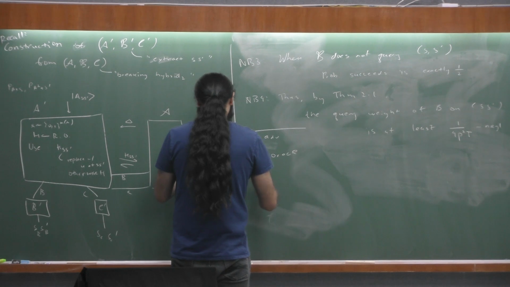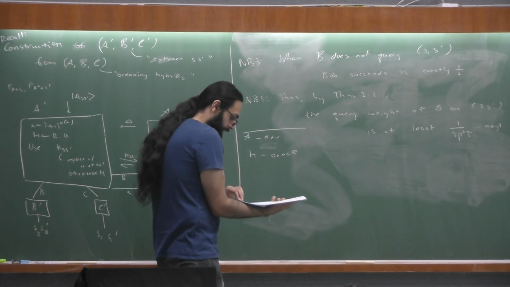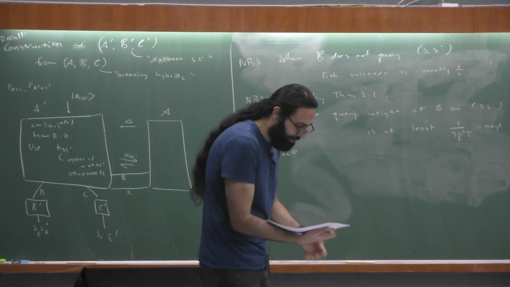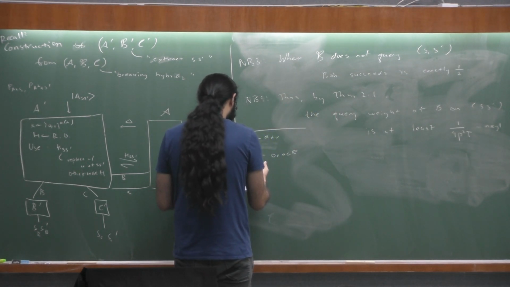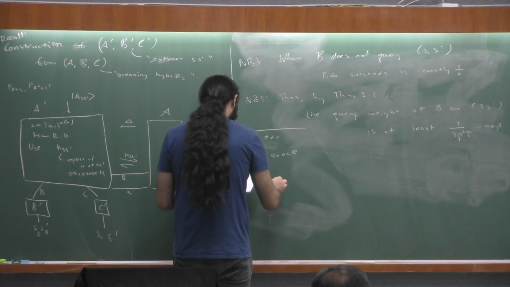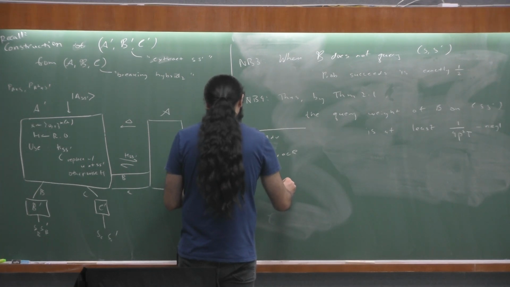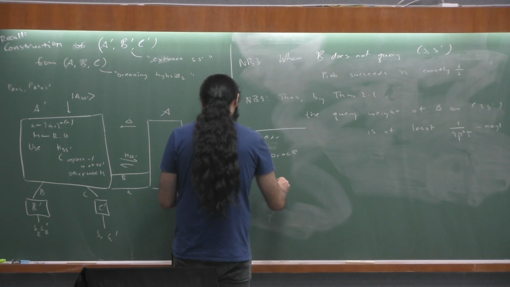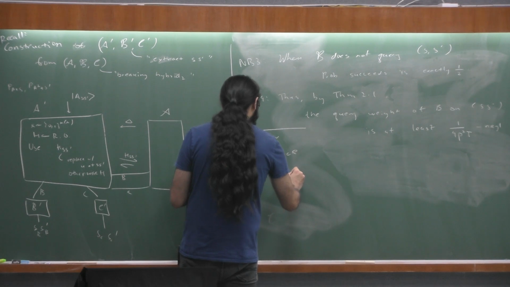Somehow we had that you define some subset F, and you know that on this subset the query weight is small.